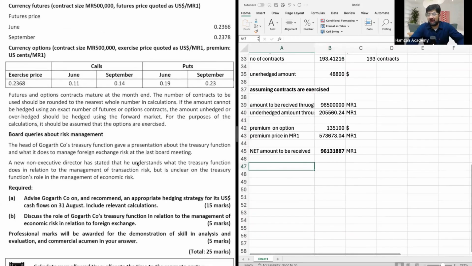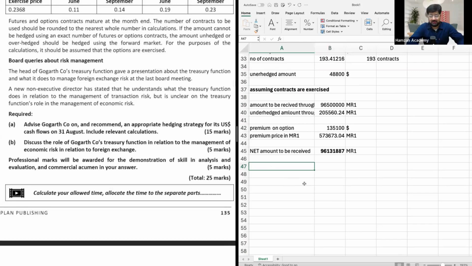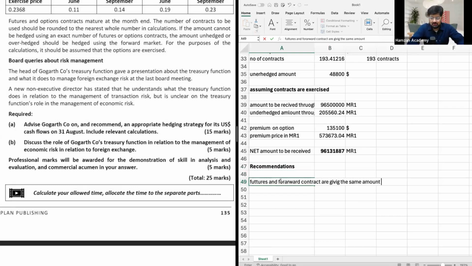Now we have to give the recommendation as well. Futures and forward contract are giving the same amount of receipts.